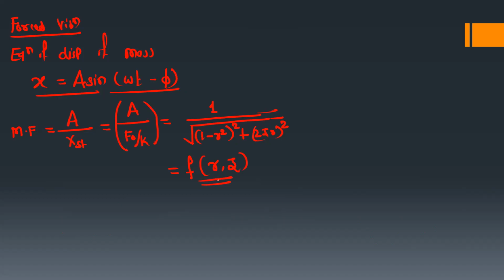So in order to study the effect of various damping factors and various frequencies, that is the external excitation frequency, on this amplitude, we can write this complete equation in this format. Okay. And then we can plot the graph of A upon F0 by K versus R and zeta. Okay. So now we will see how to draw that graph.